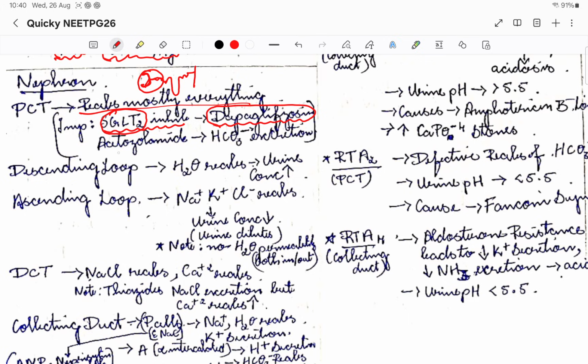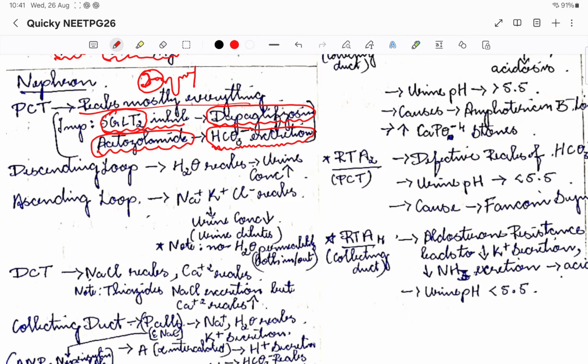Okay, then coming to acetazolamide, this drug is used basically to increase bicarbonate excretion. All the bicarbonates are normally reabsorbed in the PCT itself, but in certain cases, if there is a respiratory alkalosis, we have to compensate by pushing the body into metabolic acidosis.